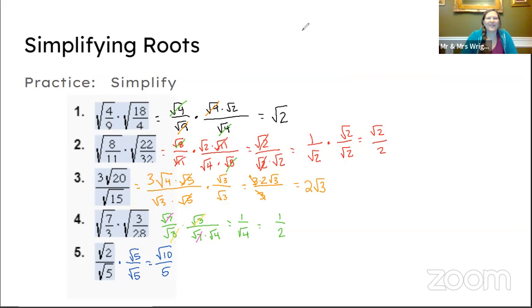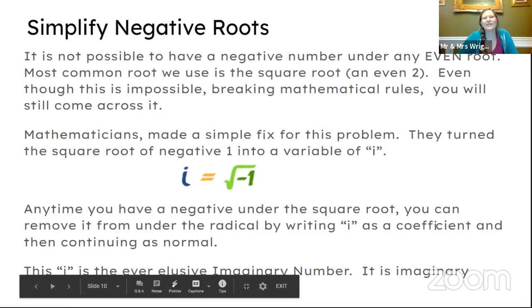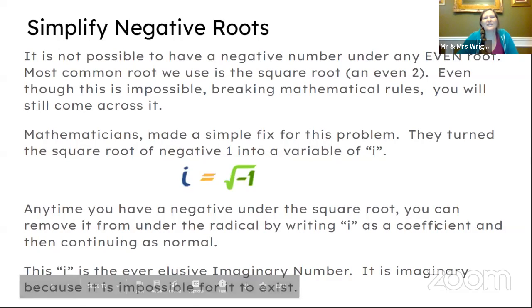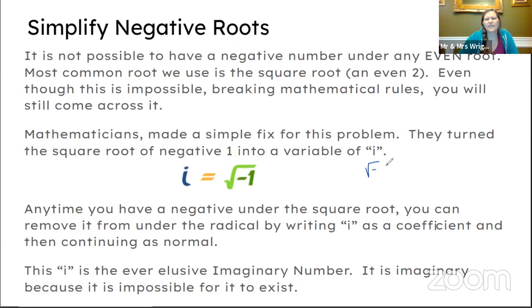Now, I mentioned, I think in a previous video, something called an imaginary number that we don't generally get to too much in Algebra 1, but I do want to introduce it to you. The imaginary number comes from the square root of a negative number. So when you find an answer and it says the answer is the square root of -4, you can say, oh, there's no real answers.